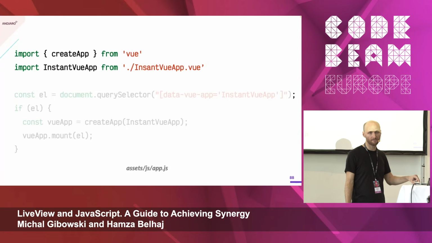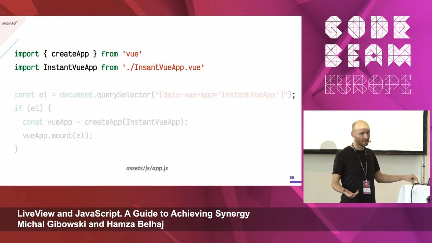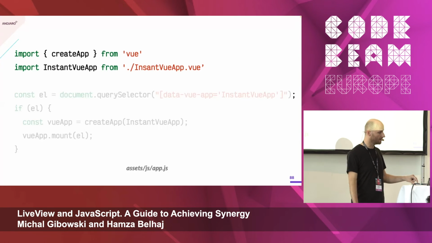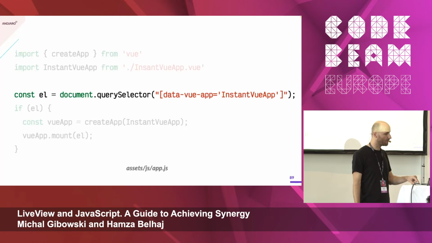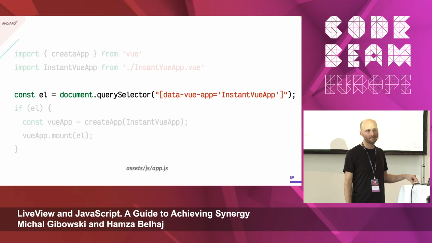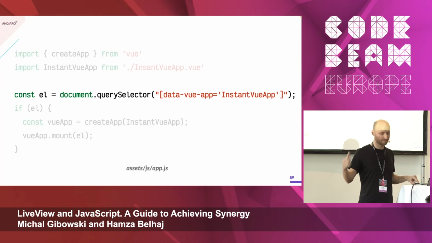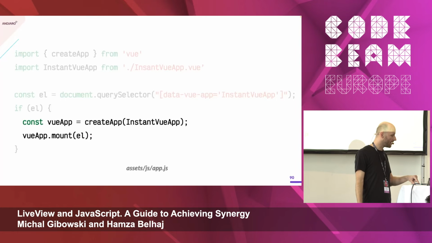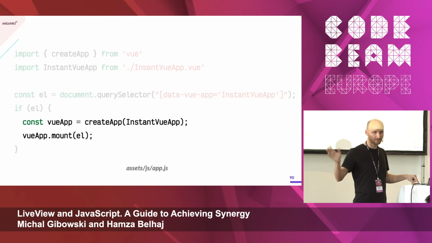This time we import our custom VueJS app and VueJS here in the main JavaScript file, not in the hook. We look for the HTML element that wants to become a VueJS app. It's hard-coded for simplicity here. And then we create the VueJS app and mount it on this element.